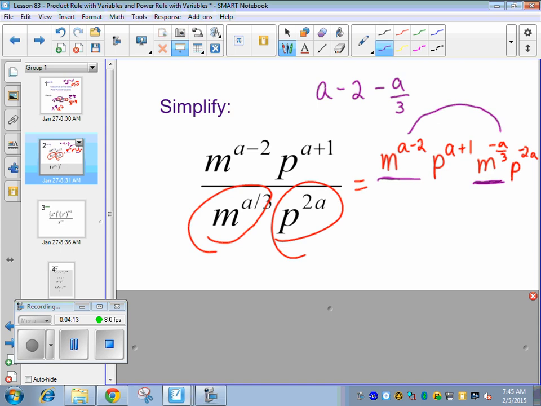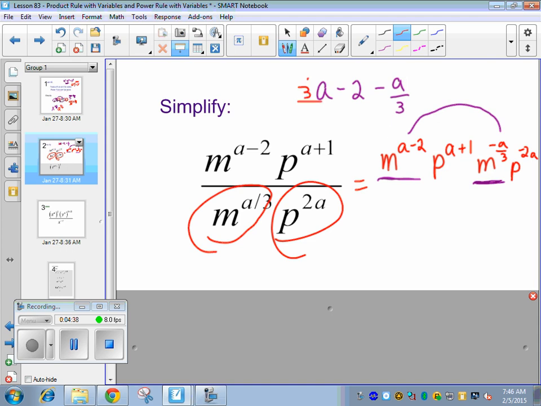So that's everything that's in the exponent, and it's all adding, but only some of that actually adds together, right? Which stuff actually gets to add together? The a's. Only the a's, right? You can't add a number with a variable. So just the a's. So I need a common denominator. What am I going to multiply this first one by, so I can add it with this one? 3.